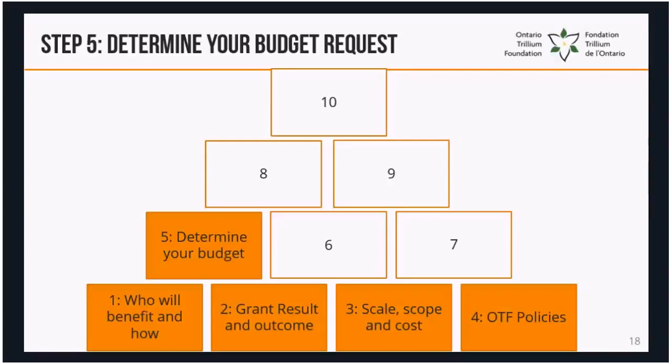Only include the non-refundable HST amount. Staff salaries, contingency costs, and overhead and administration costs are not eligible. Don't include ineligible costs in your budget requests. Items over $10,000 require 2 written quotes. Ask for what you need, not what you think we will fund.